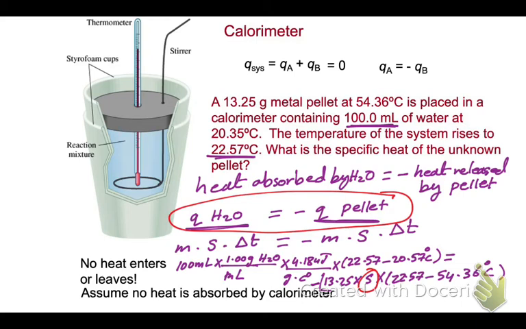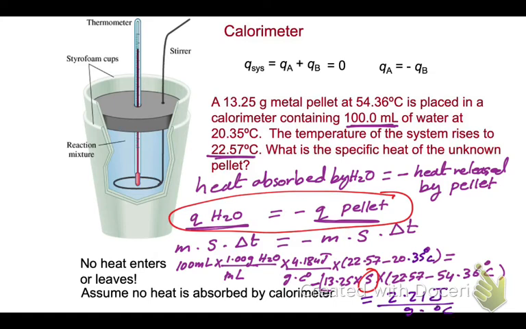Now let me do the math here so you actually can do the math yourself and double check that you're doing the math correctly. So the answer will be 2.21 joule per gram per degree Celsius.